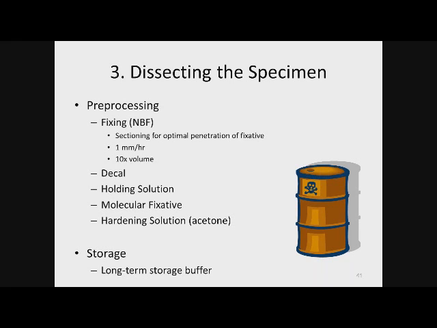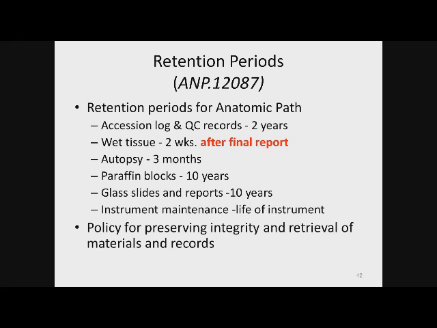Molecular fixatives and hardening solutions are oftentimes alcohols that will be more useful for specific applications, such as in situ hybridization or immunohistochemistry. And then finally, if we're going to store the specimen, we're going to keep it for a longer period of time, it should be switched to an osmotically balanced storage buffer, typically anything in the range of 300 milliosmoles per kilogram.